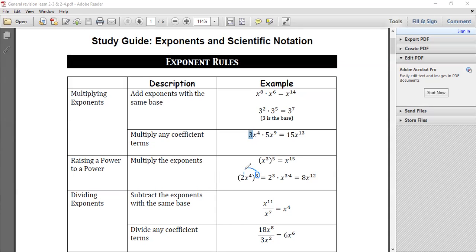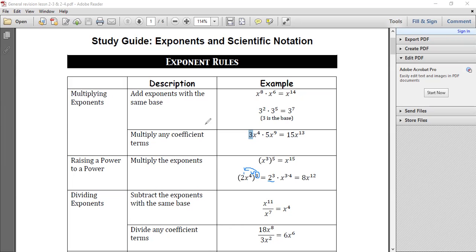Then we distribute and multiply. 2 stays the same, 3 multiplied by 1 equals 3. x the same, 4 times 3 equals 12. By the end, we have to expand 2 to the power of 3. 2 to the power of 3 means 2 times 2 times 2.